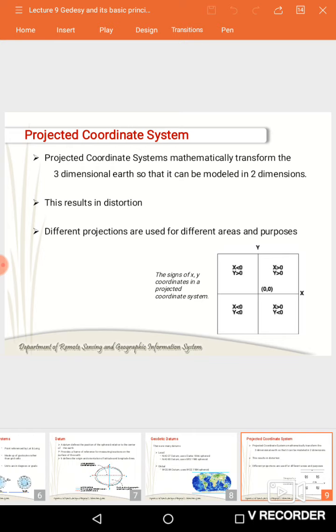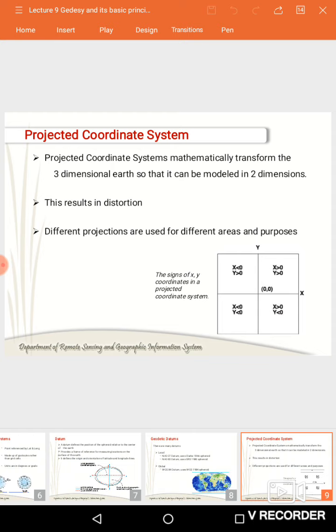And next we'll see the projected coordinate system. This helps to transform the 3D format to a 2D model mathematically. That is very useful to determine the size and shape of the earth. The only problem in this is distortion, and that distortion may be in size, area, distance, and also the direction of the earth or latitude or longitude points.